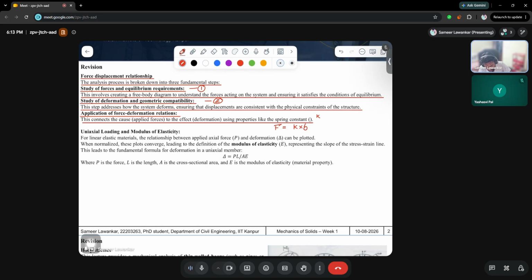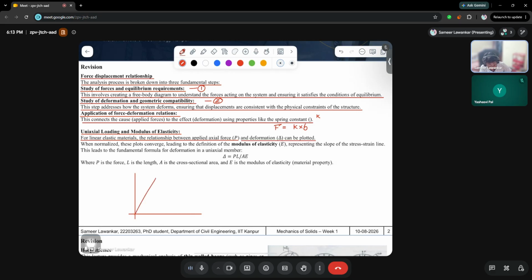The second concept is uniaxial loading and the modulus of elasticity. In linear systems, if we follow Hooke's law, we get the modulus of elasticity, which is nothing but the slope, the ratio of stress to strain. For linear elastic materials, the relationship between the applied axial force P and the deformation delta can be plotted. The professor has plotted it for two different cases: one for the linear system and one for the non-linear system.